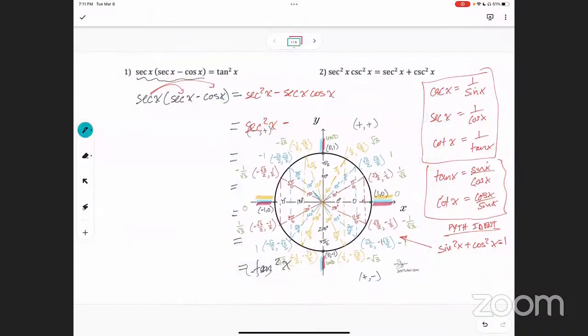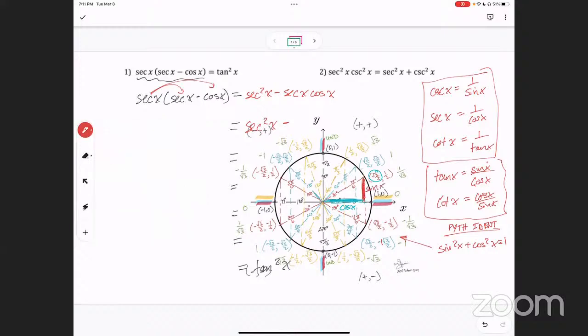See this triangle right here? This side down here, the x coordinate, is your cosine, right? So this is your cosine of x, and the y up here is your sine of x, right? Okay.